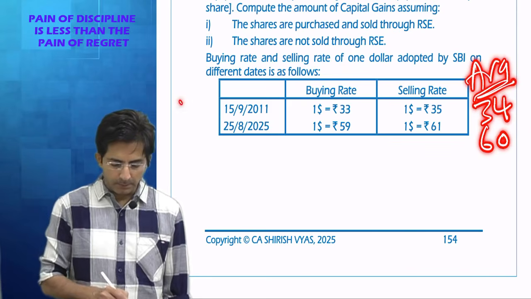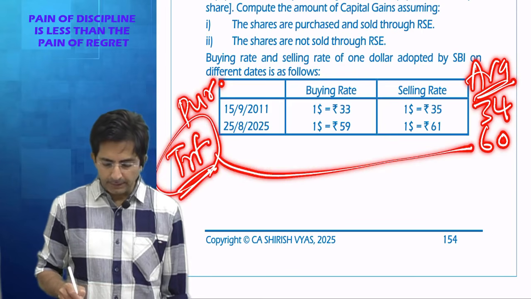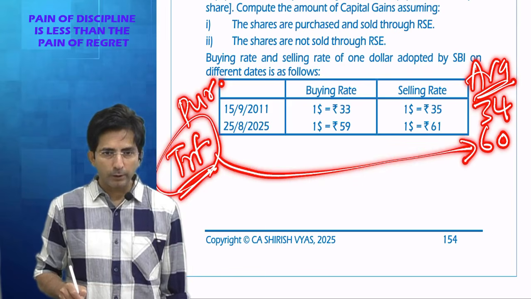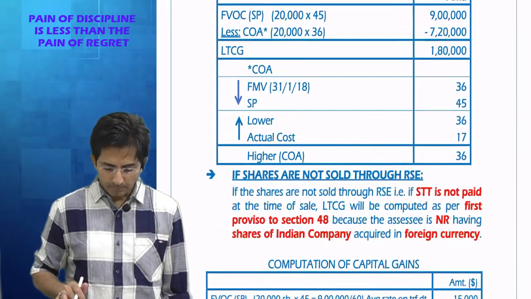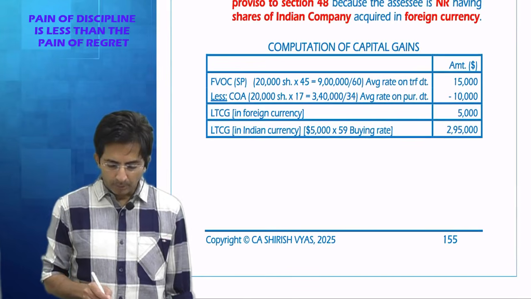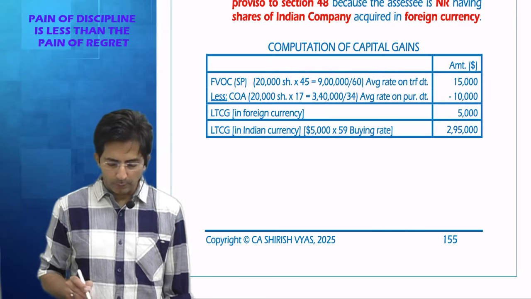34 is on the purchase date, 60 is on the transfer date. But to convert the sale price, the transfer date is important. So we will convert according to $1 = 60 rupees. According to $1 = 60, it comes to $15,000. How did I get it?